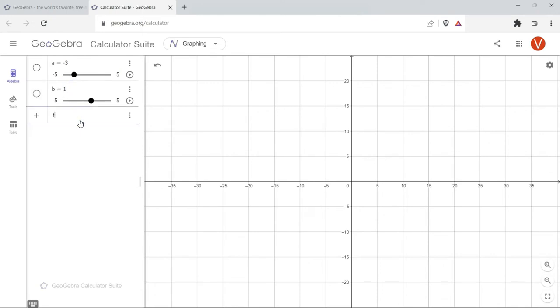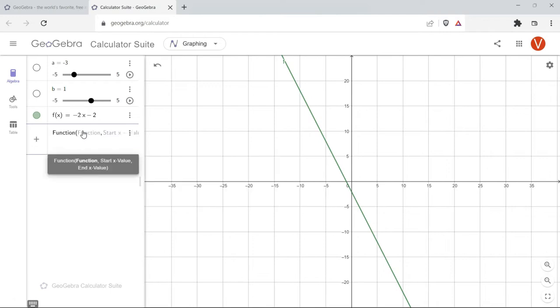We need a function. So f of x is equal to minus 2x minus 2, and we want the interval. So let's say function with values start and end. The function is f, start x value is a, and end x value is b.